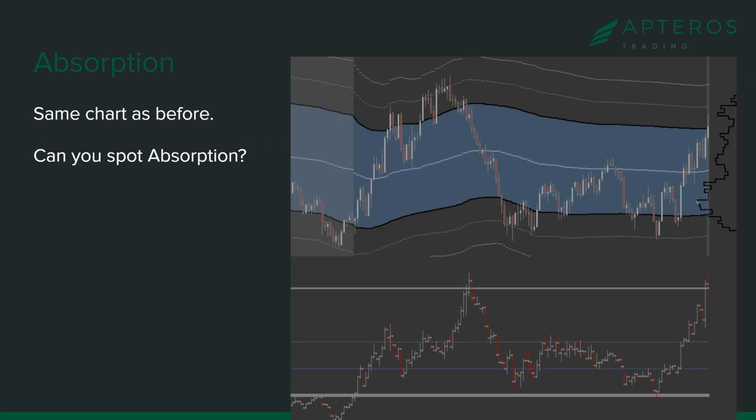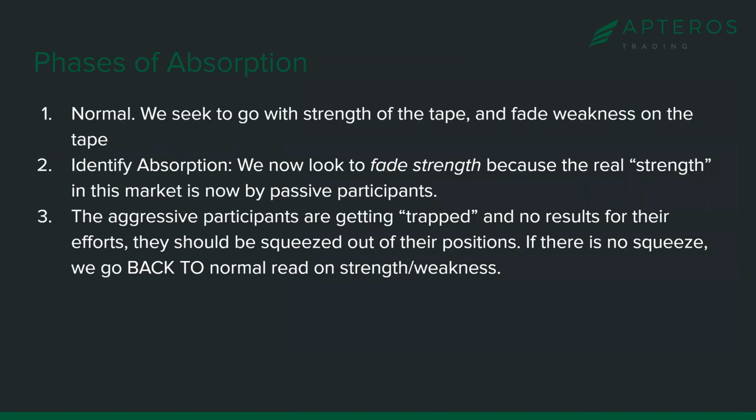If that doesn't happen fairly quickly, on the next rotation or two, if there is no squeeze, I go essentially back to phase one, which I call phase three. There was absorption, and I'm with you, but now they are so relentless that I think the odds favor them being the winners rather than the passive participant being the continued winner.